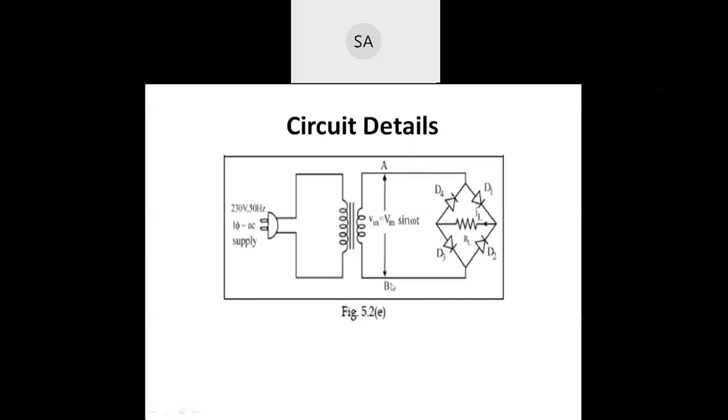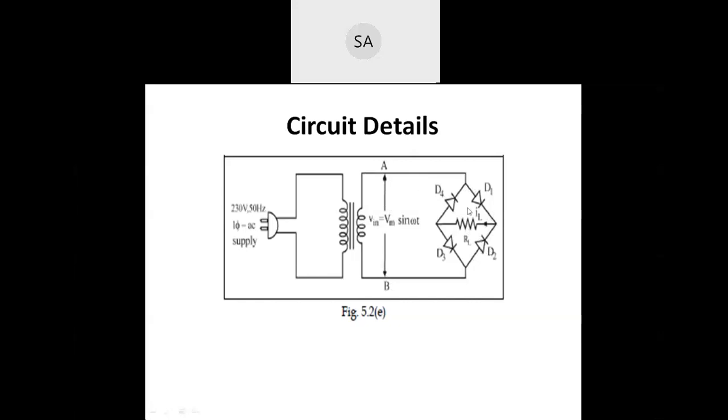It is easy to see that the whole of the secondary winding voltage is applied in the reverse direction across D2. So across D2 it is reverse biased. In the same way, the whole secondary voltage appears across D4.